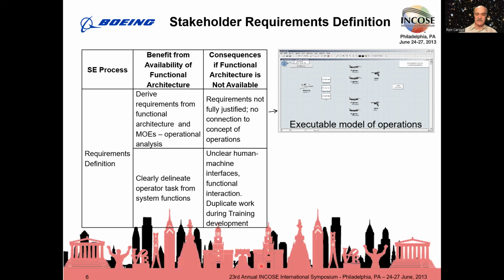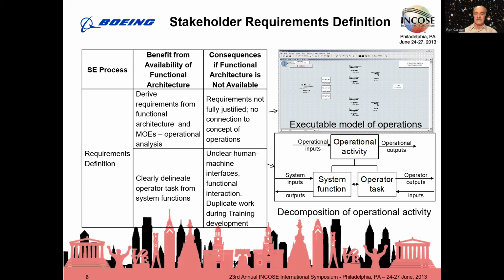Another piece that's extremely important and sometimes gets lost is the ability to clearly delineate operator tasks from system functions. Because when we define operational tasks, operational activities, that includes some combination of what an operator or user does as well as what the system does.